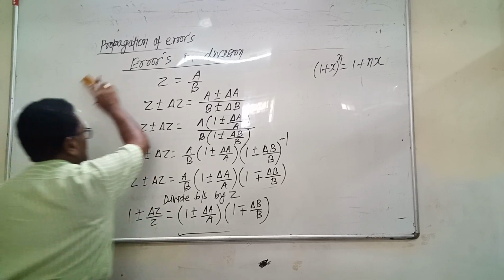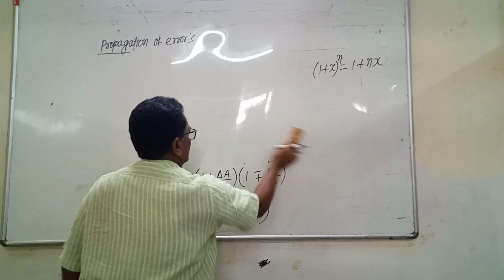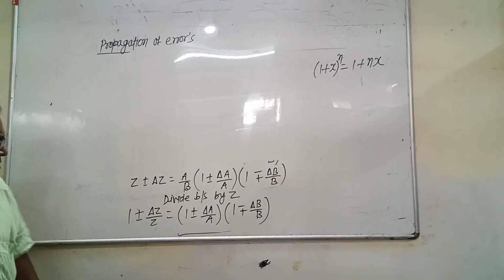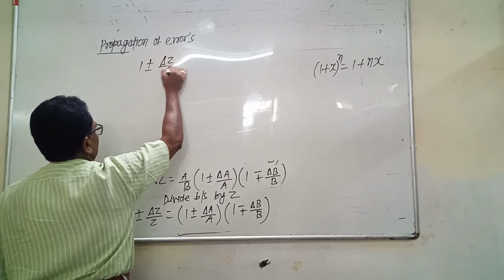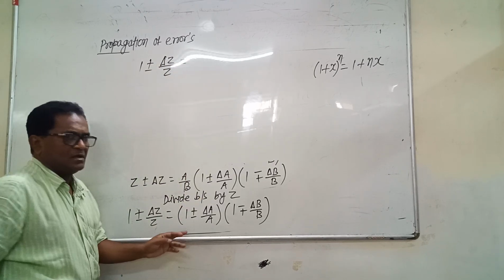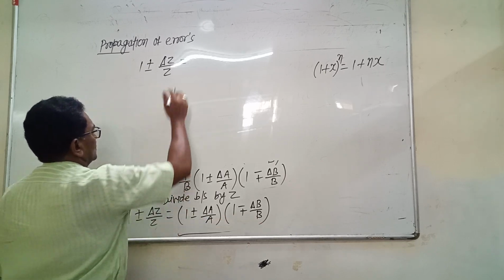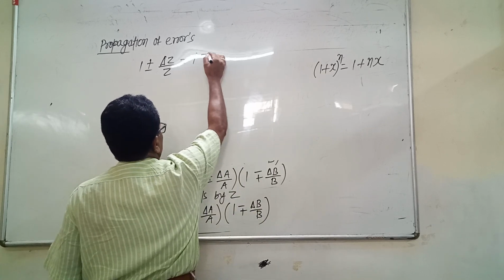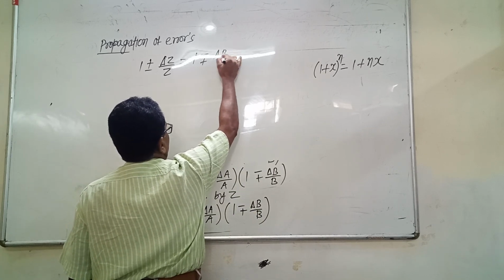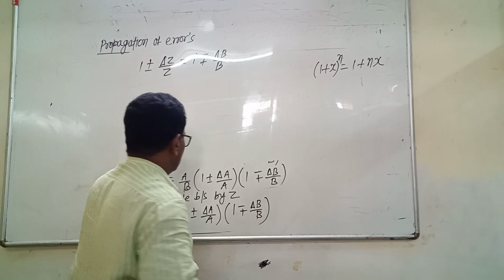Now remove the bracket. So 1 plus minus delta Z by Z equals, this must be multiplied, 1 multiplied by these two terms. So 1 and minus plus delta B by B. Now delta A by A multiplied by both the terms.